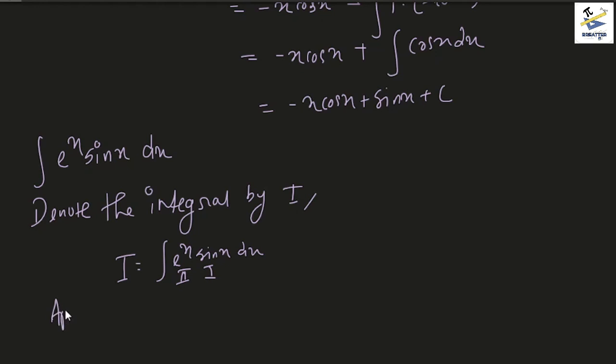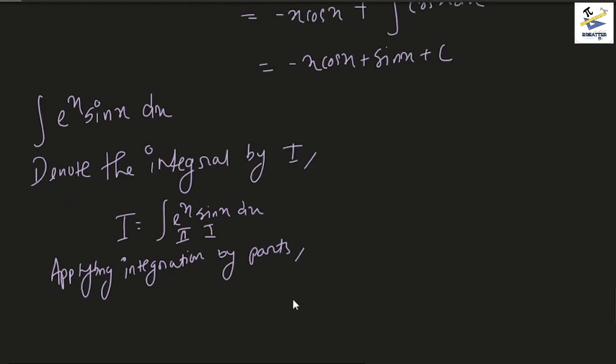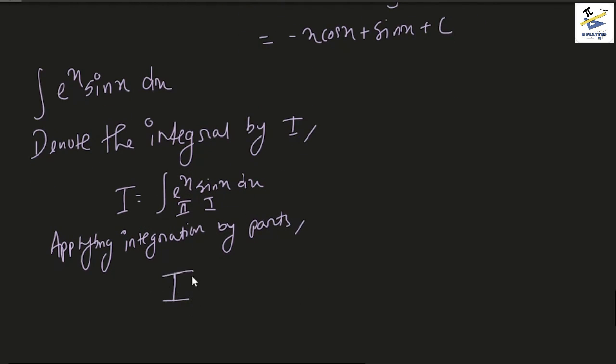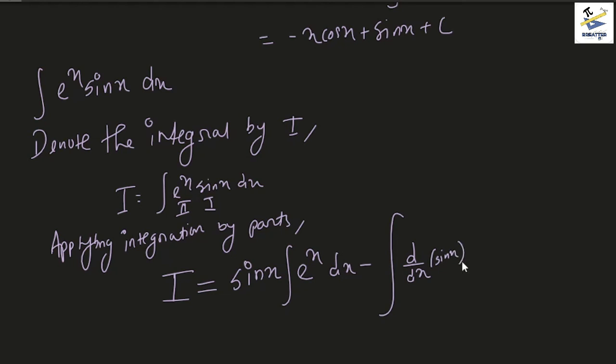So applying IBP, or integration by parts, what we have is this: I is equal to sin x into the integral of e to the power x dx minus d/dx of sin x into the integral of e to the power x dx, right?